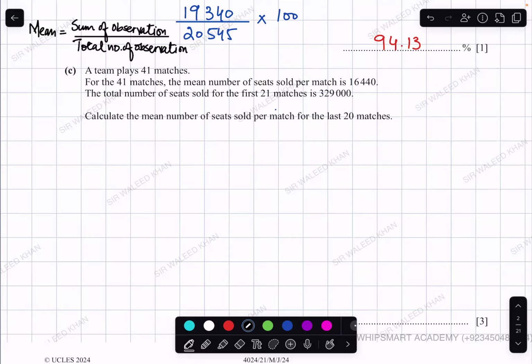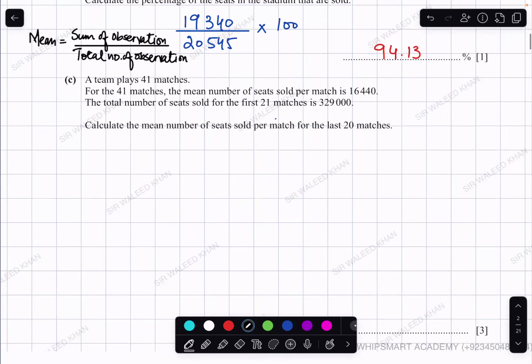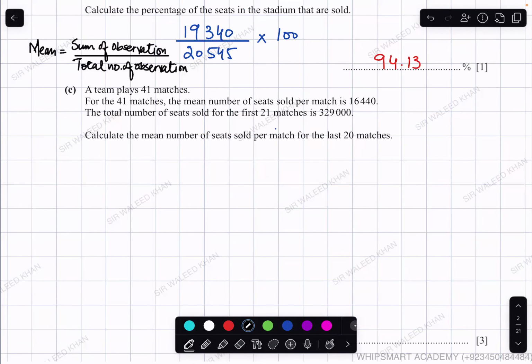Okay, Sarah, this is the formula for mean. Sum of observations over total number of observations. Over here, if I want to sum up all the observations, how many observations are there in total? We are obviously talking about how many?